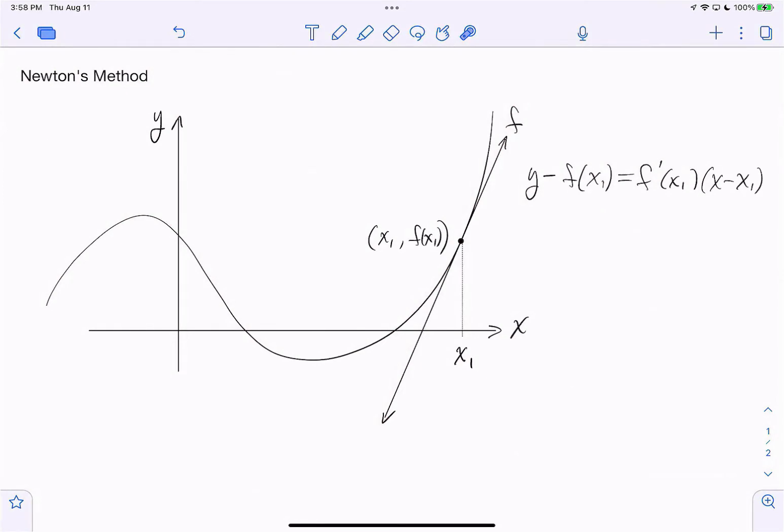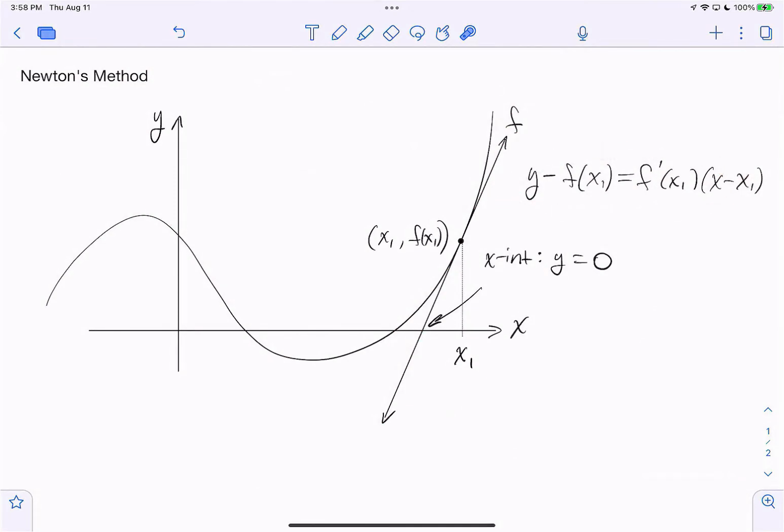Now, in this equation, y is y. f of x1, f prime of x1, and x1 are all constants. If I'm after the x-intercept of the tangent line, then I know that y is equal to 0, right? That's true of every x-intercept. So if I replace y by 0 in this equation, I can solve for x.